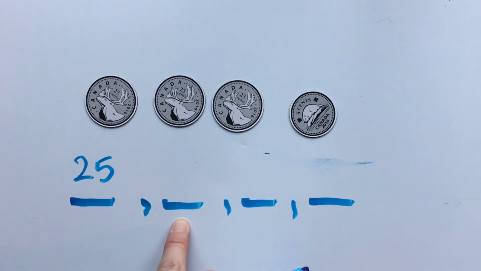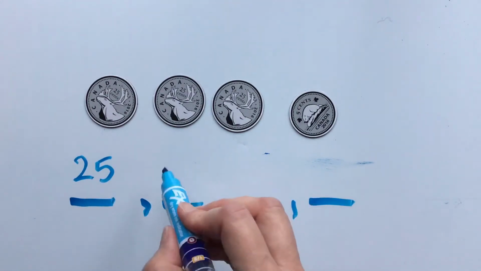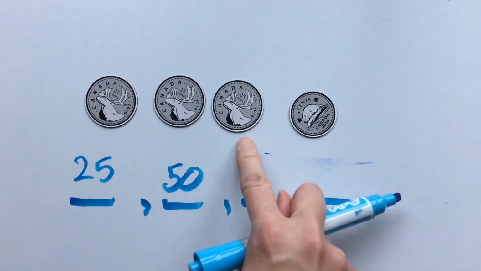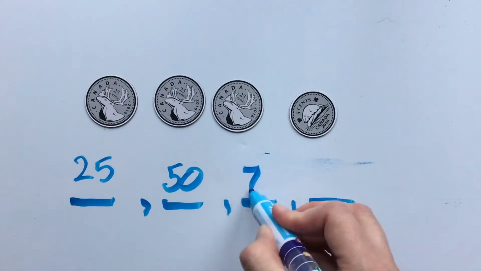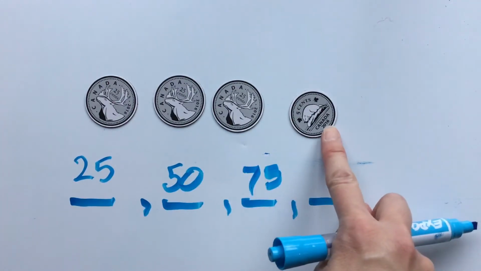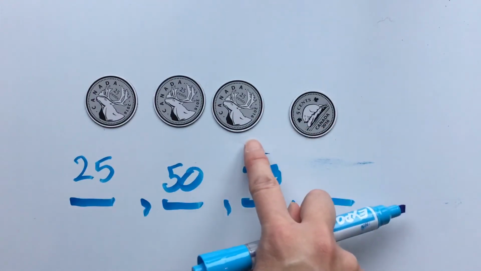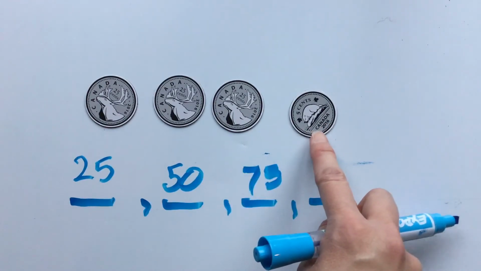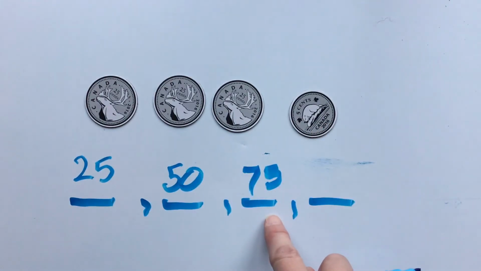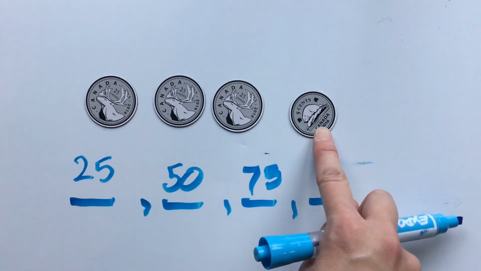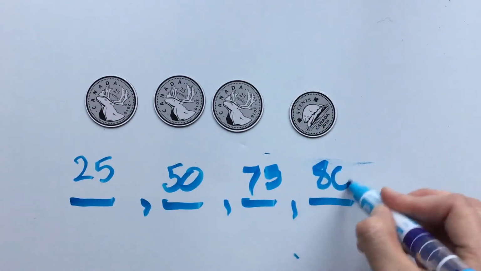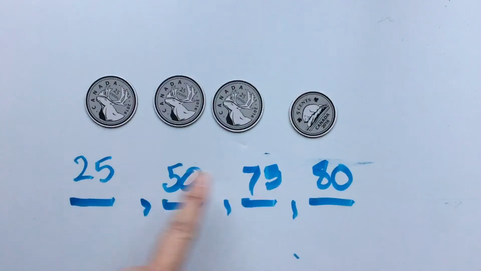Now when we're counting by 25s, what's our next number? That's right, it's 50. When we're counting by 25s, our next number is 75. Now it's a new coin value, so I can't count by 25s anymore. Now I have to count by 5s. So now I have to think, 75 plus 5 cents more is 80 cents. The total value of these coins is 80 cents.